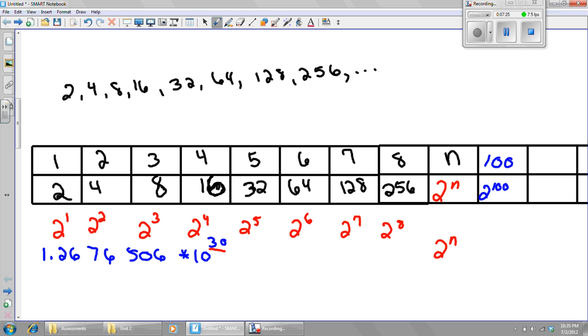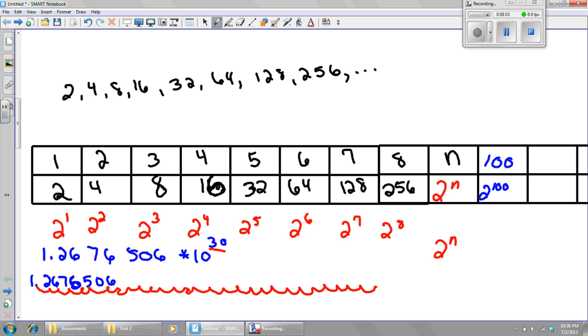So let me rewrite the number without the times 10 to the 30th. 1.2676506, and I have to go 1, 2, 3, 4, 5, up through 30.